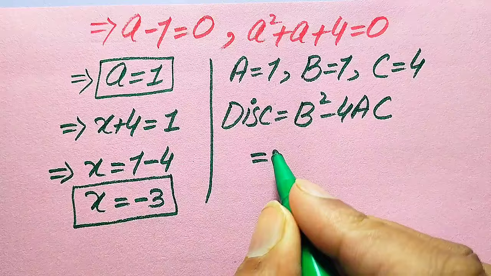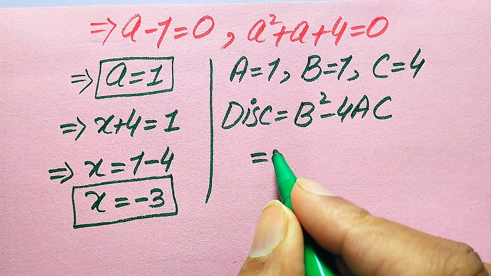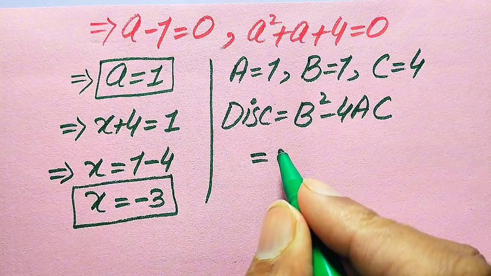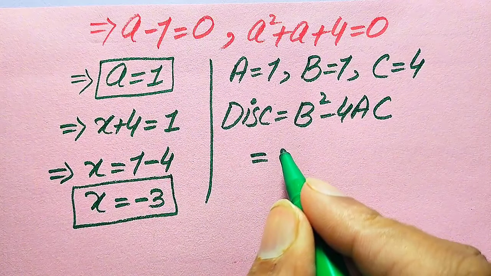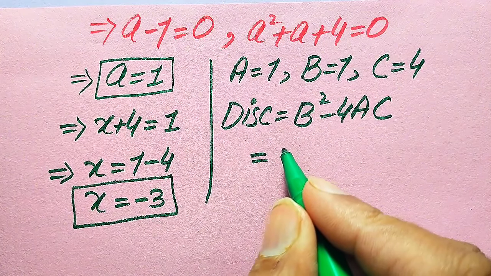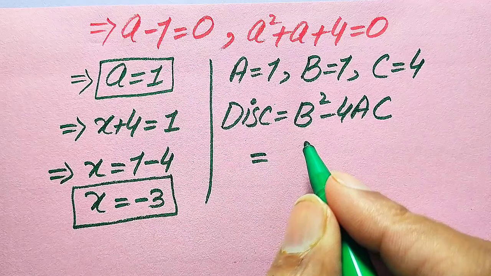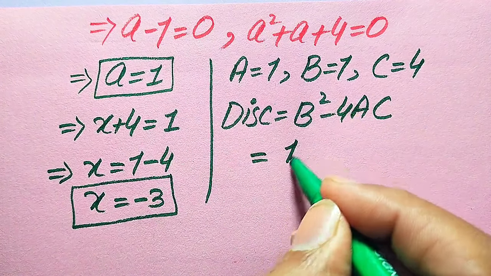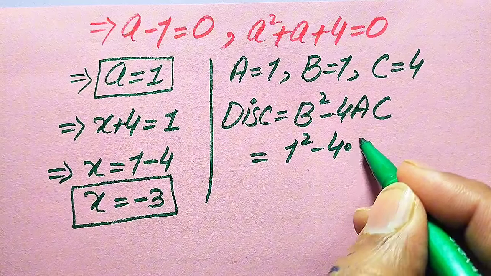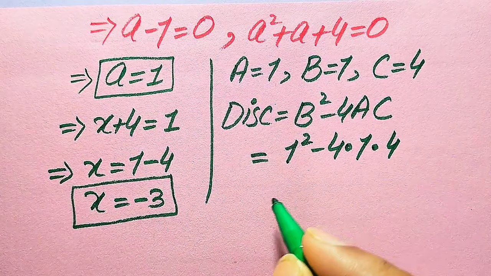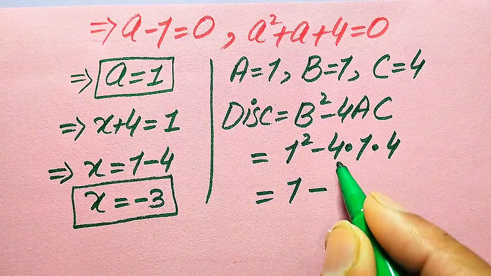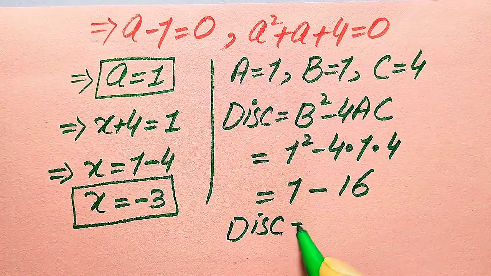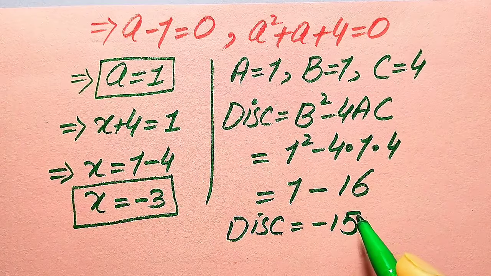You know that if the discriminant value is less than 0, it means that this equation has complex roots, but if the value is greater than or equal to 0, then this equation gives us real roots. So we check its behavior: b is 1, so this is 1 square minus 4 times a is 1 and c is 4. 1 square becomes 1, 4 times 4 becomes 16, and we get the discriminant equals minus 15.